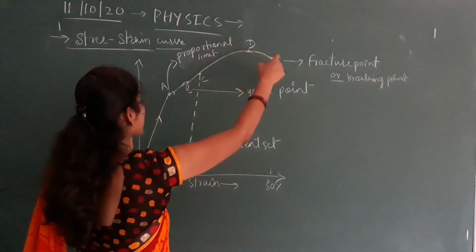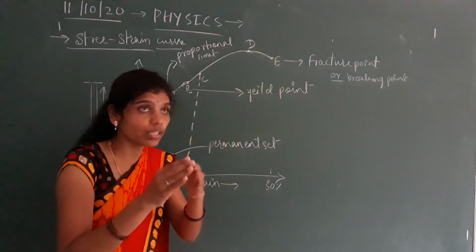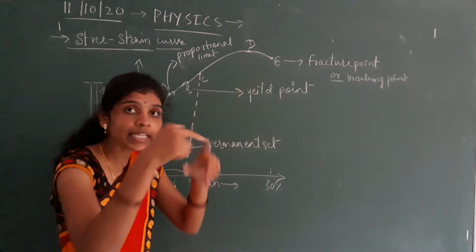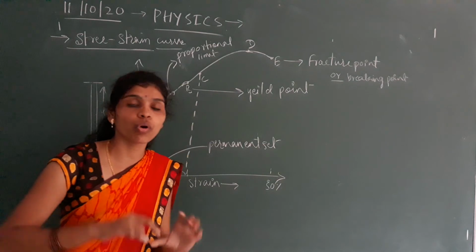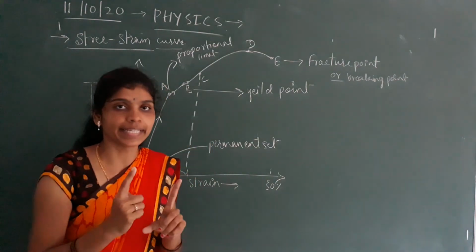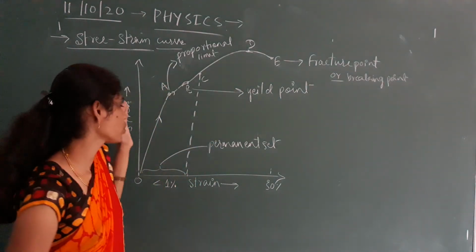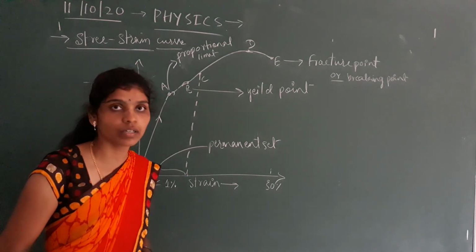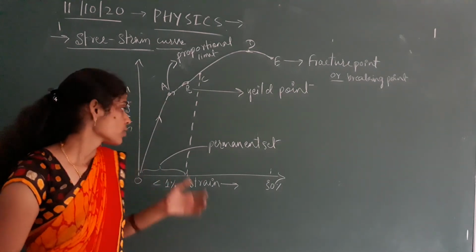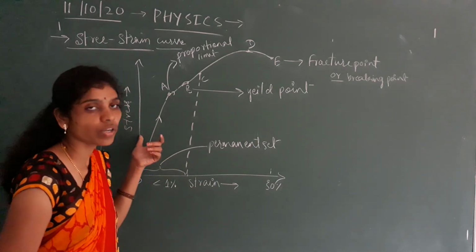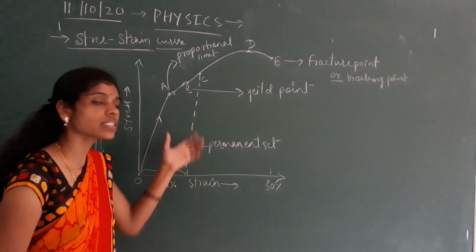The points D and E are very close to each other, D being about to break, and the point E we call the fracture point or breaking point, where it is going to break down. So this is all about the stress versus strain curve. It is shown experimentally, and the nature of the graph for the wire is like this.